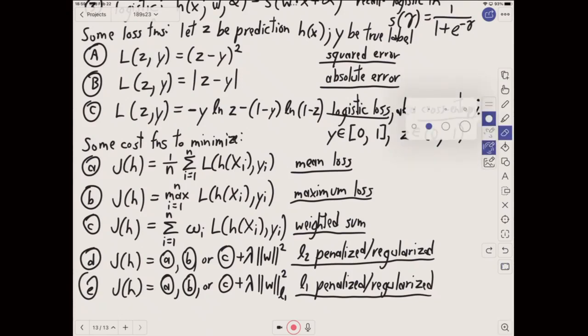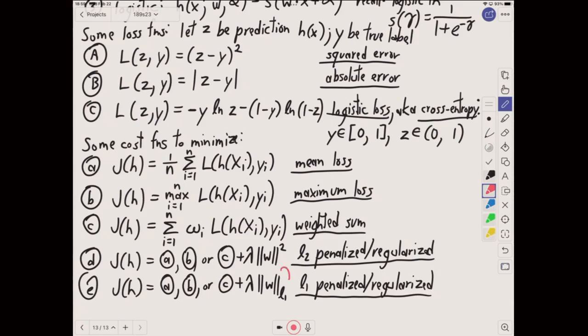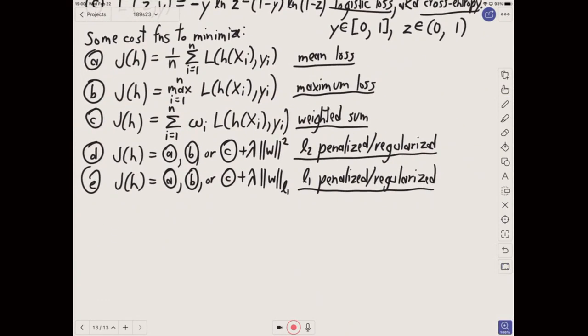I'm very sorry. Thank you for pointing that out, because that was really awful. I accidentally put a squared there. That should not be squared. The L1 penalty term is not squared. So my apologies for that mistake. Thanks again. I definitely wouldn't want to leave that error uncaught. That is important.